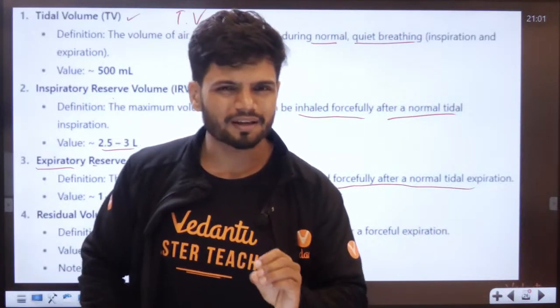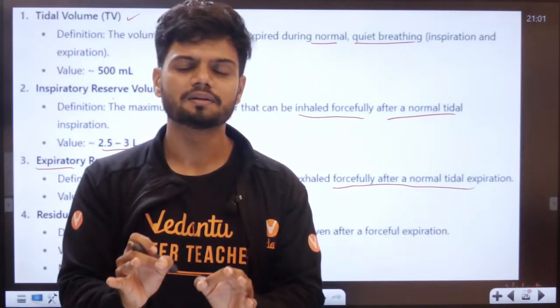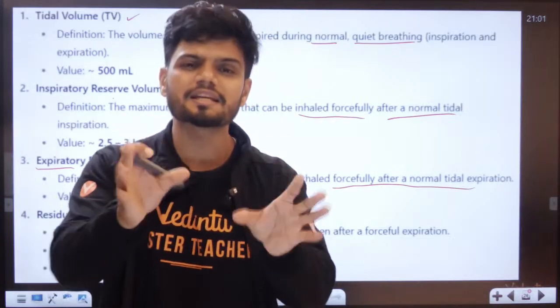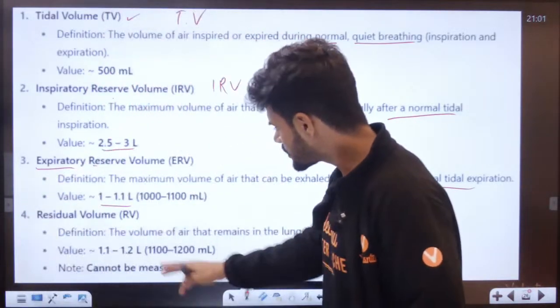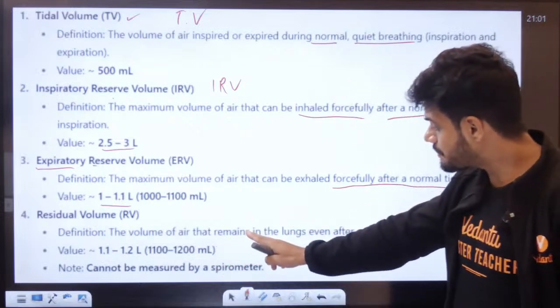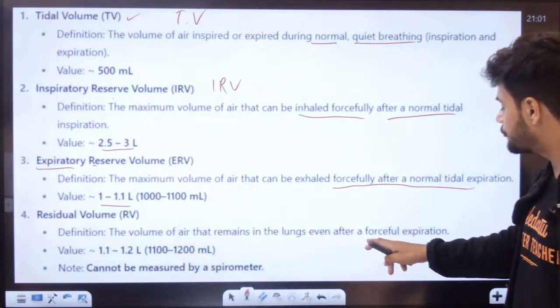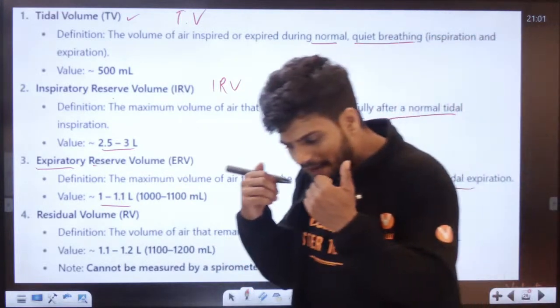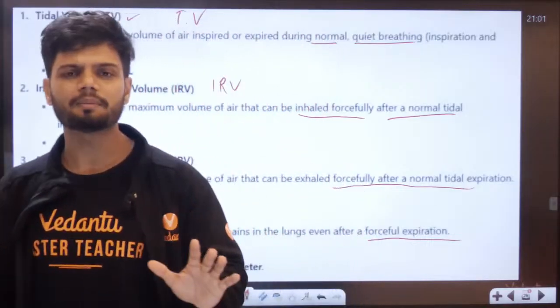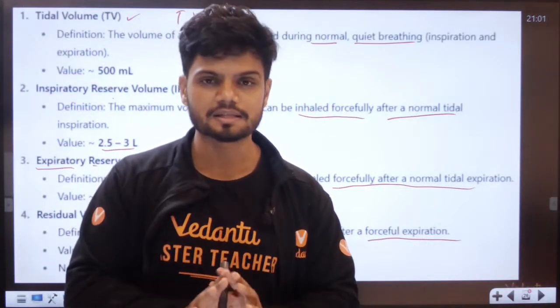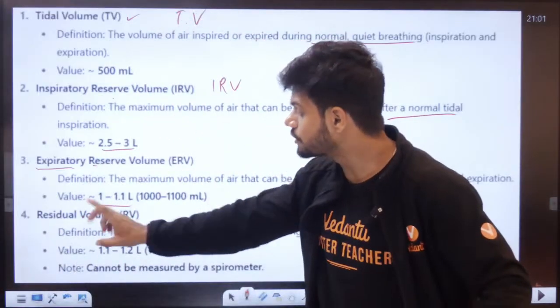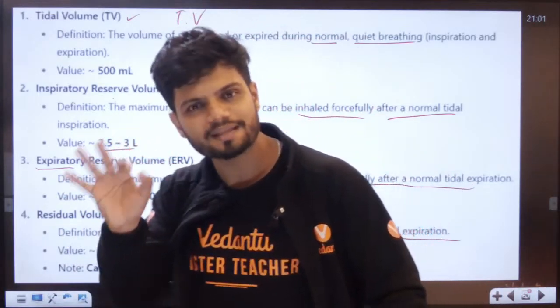Some amount of air is always present inside the lungs, the leftovers. The volume of air that remains in the lungs even after forceful expiration, no matter how much you exhale, is called residual volume. It will always remain there.